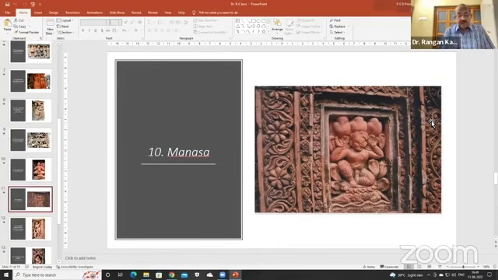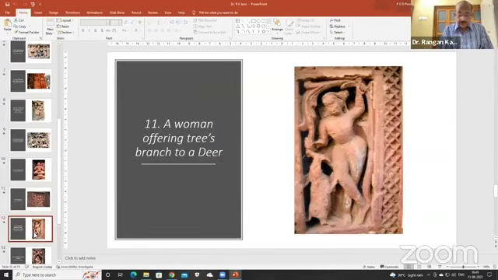In case of social life, I have selected 3, figure number 11. Among various subjects here, 3 specimens are included, namely a woman offering a tree's branch to an animal, deer or goat. It reminds of the early medieval sculpture Shalabhanjika.